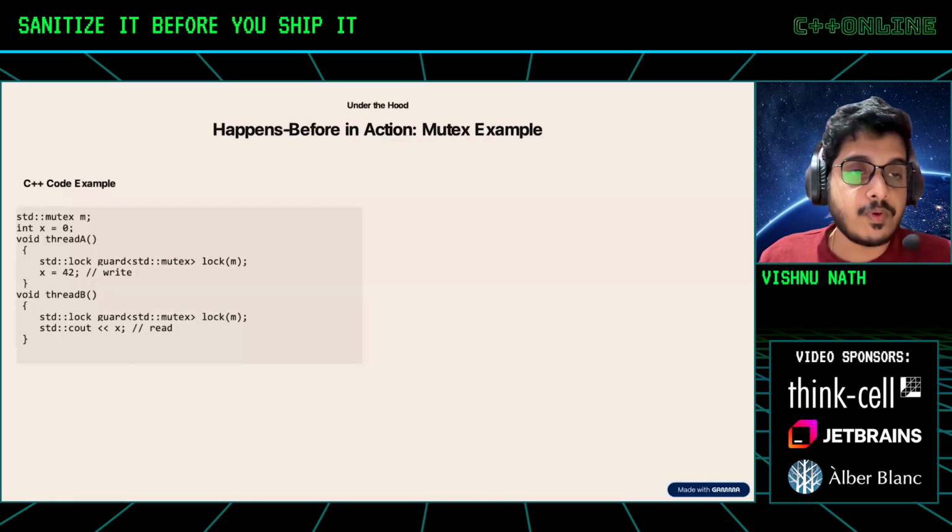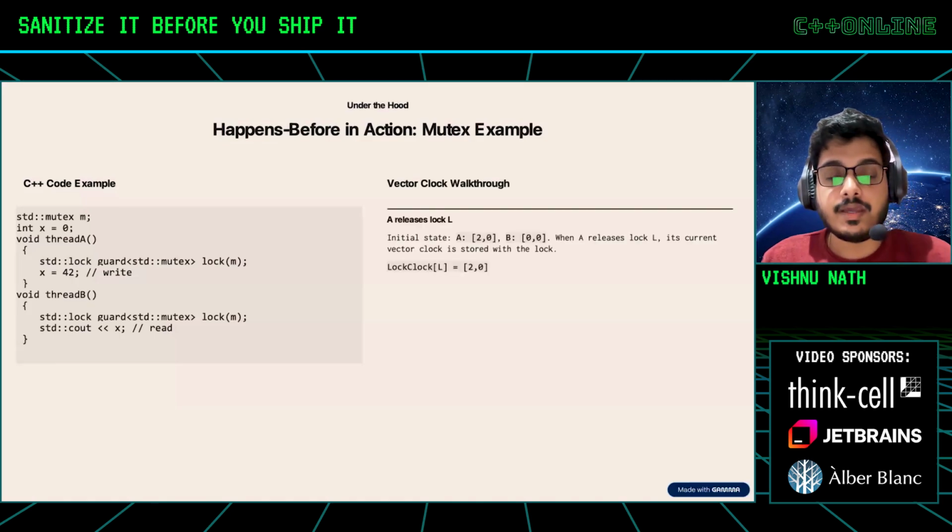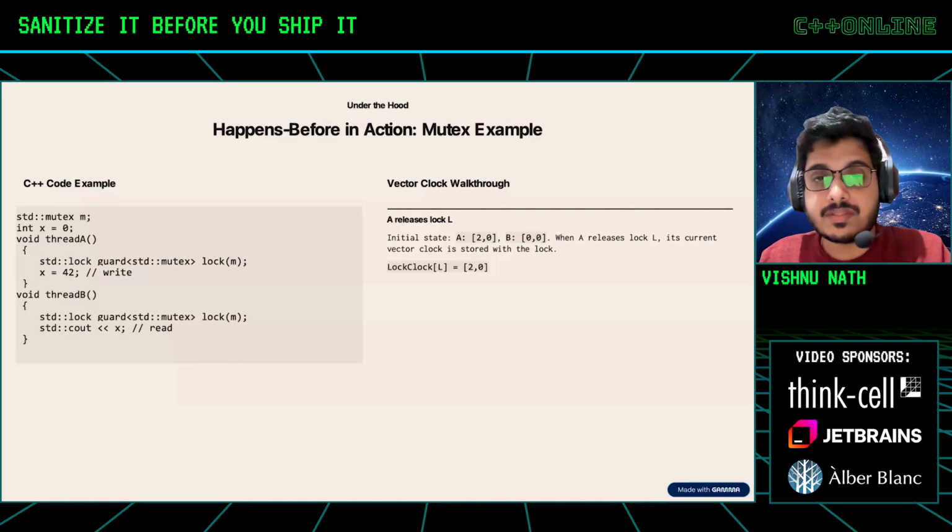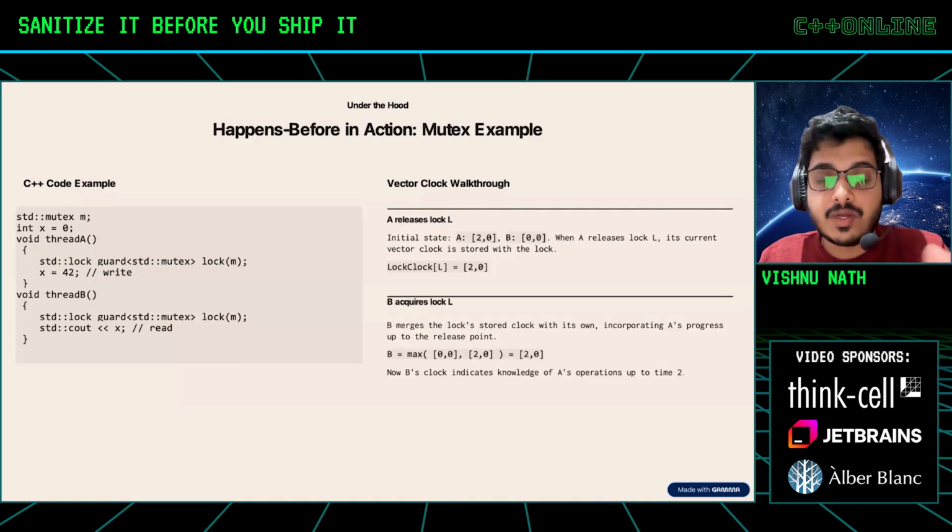So let's think about this code as an example. Here A releases. A has a vector clock of 2-0 because A actually has a mutex and has a write operation already. B has a vector clock of 0-0. When A releases the lock, that particular mutex copies A's vector clock, that is 2-0. And B acquires the lock.